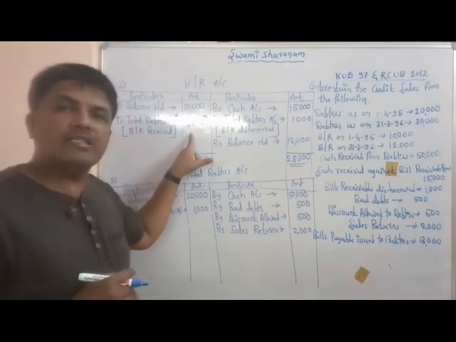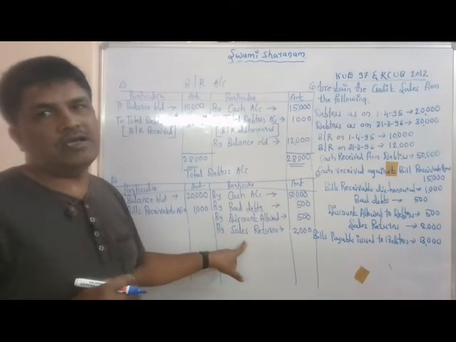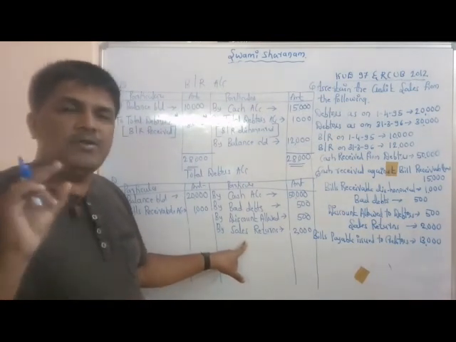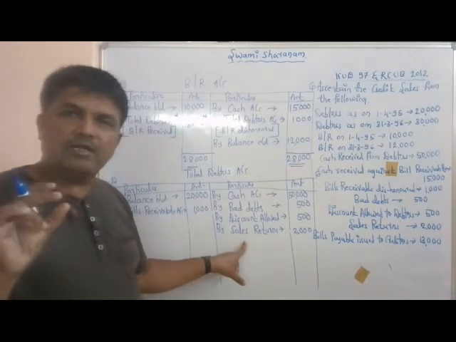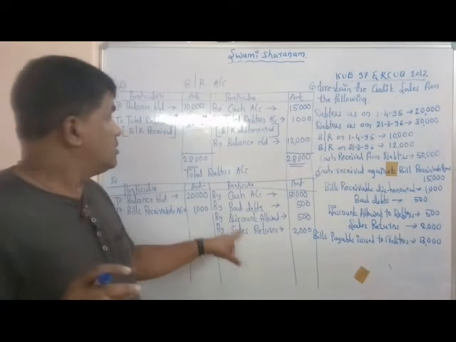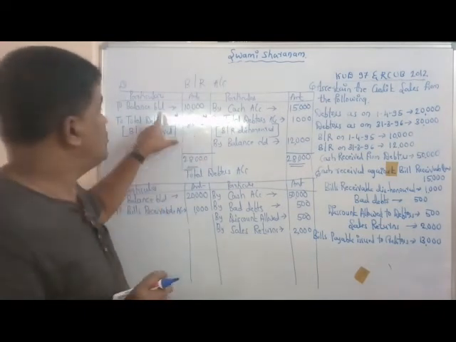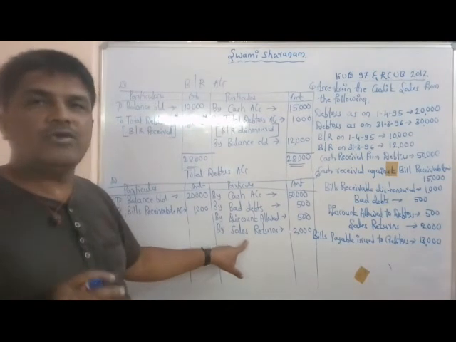How much is it? 18,000. It is recorded on the credit side of the total debtors account, because when the bills receivable is received from debtors, the entry is bills receivable account debit to total debtors account. So whatever 18,000 is debited to the bills receivable account, you credit to the total debtors account. That is the very important one.